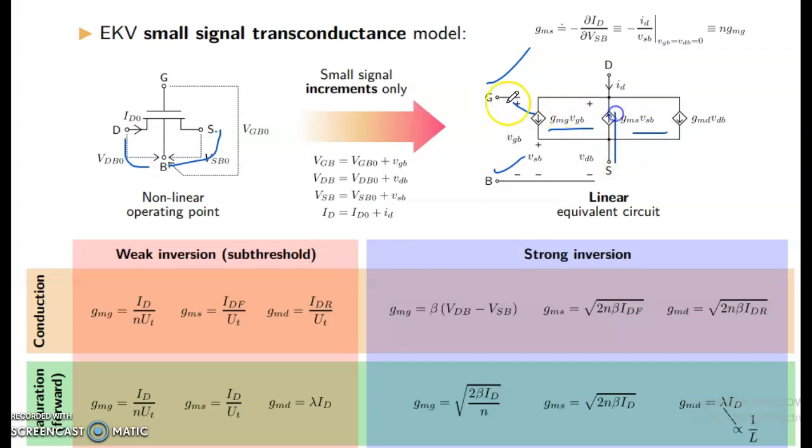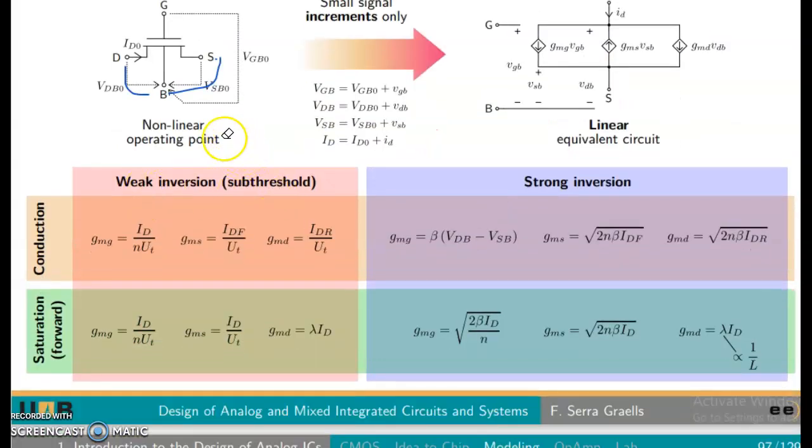For this, that's why going here, for GMD, VDB. Then VSB is in between this one, VSB, VDB, VSB. We have already seen this one.